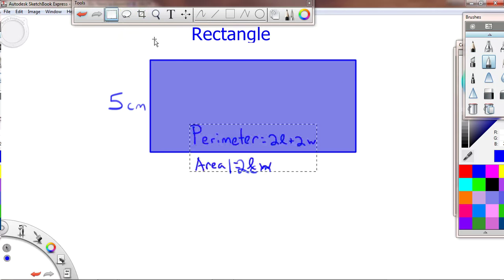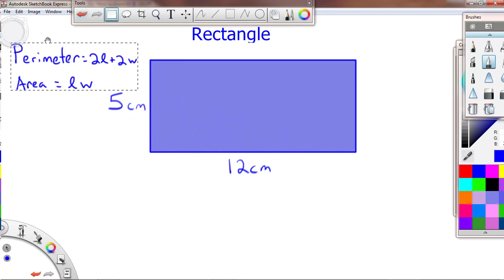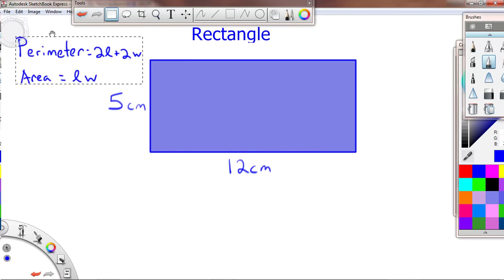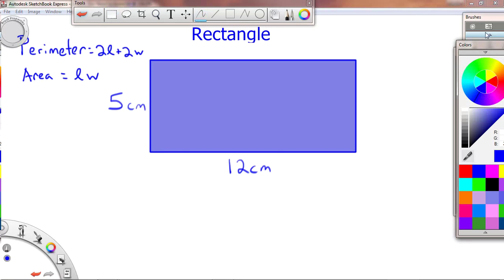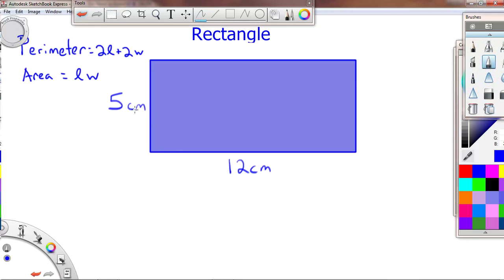Okay, let's bring up the formulas. Here are our formulas. All right, now I want to find the perimeter, first of all. I want to find the perimeter of this figure. Well, my length is equal to 12 and my width is equal to 5 centimeters. So I'm going to take this formula and plug in the length and the width.